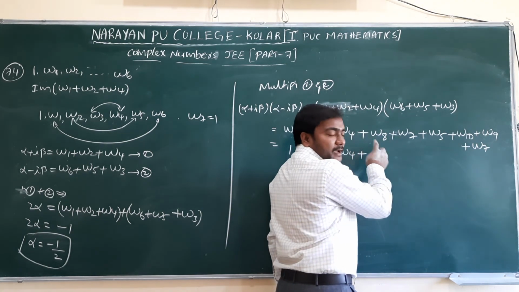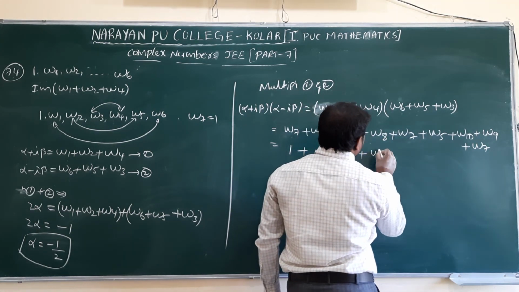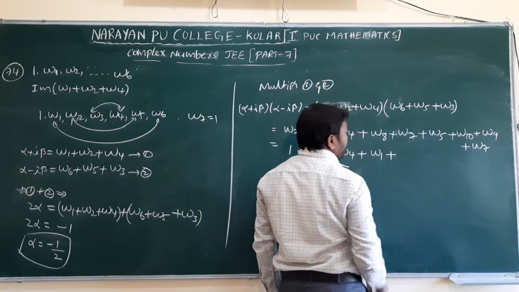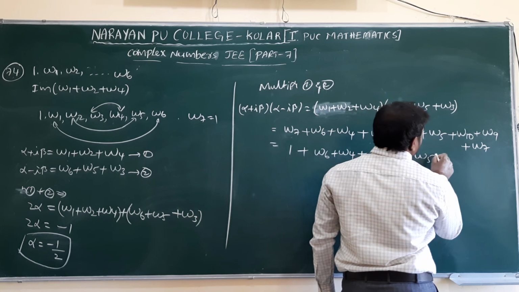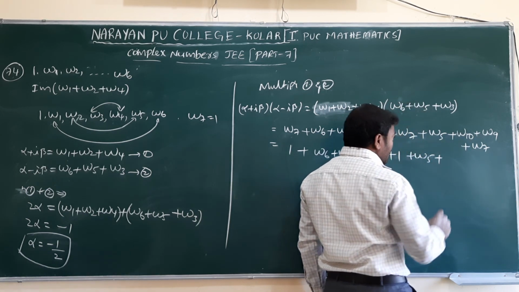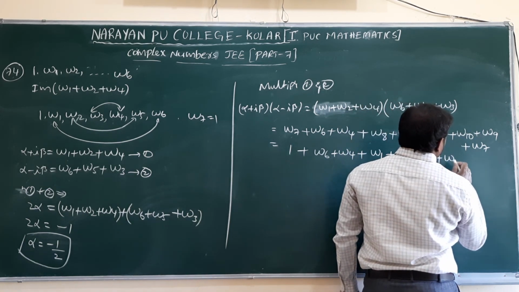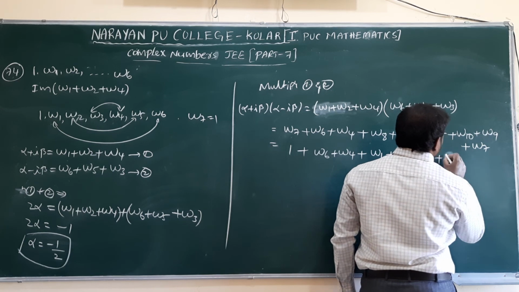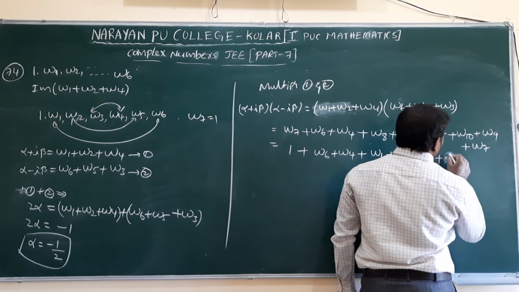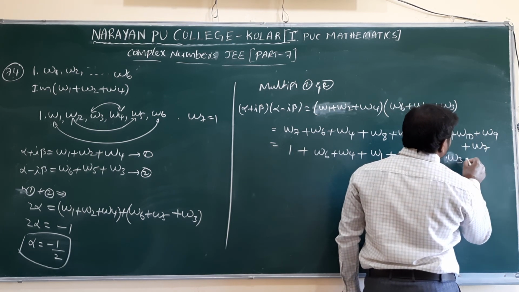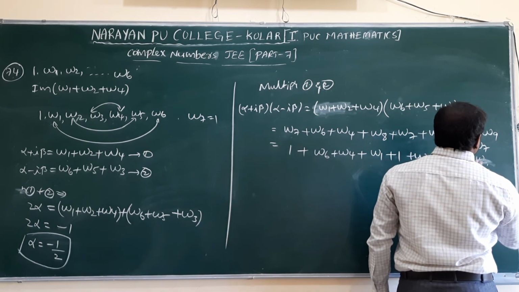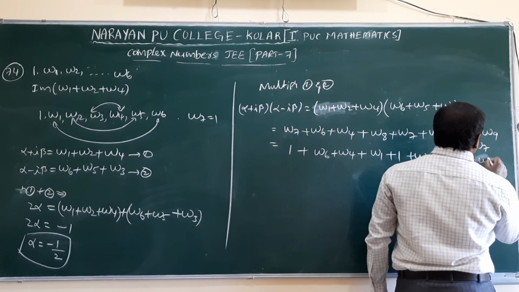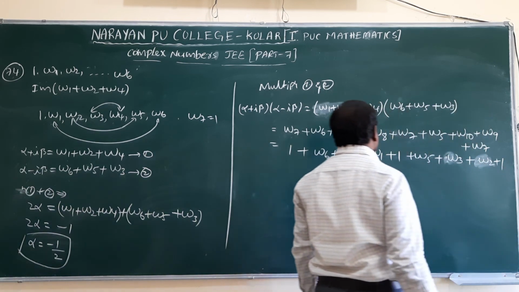So omega 7 is 1, plus omega 6, plus omega 4, and omega 8 is omega; omega 7 is 1, plus omega 5; omega 7 into omega cube gives omega cube, plus omega 9, so omega 7 into omega 2 gives omega 2, plus 1.